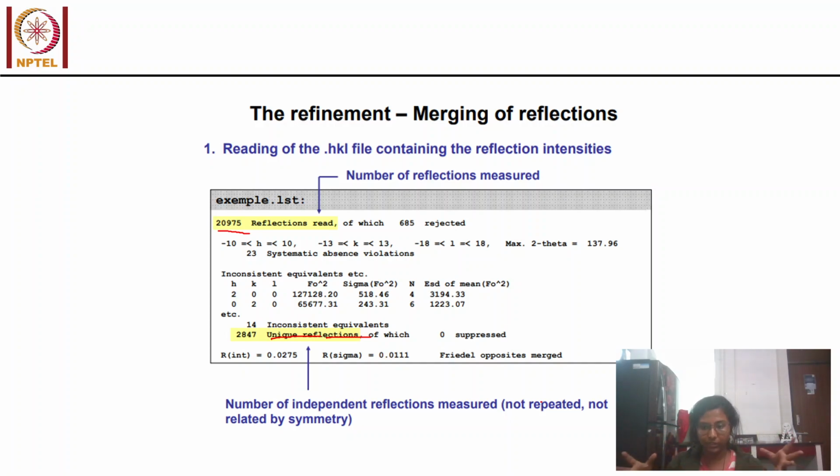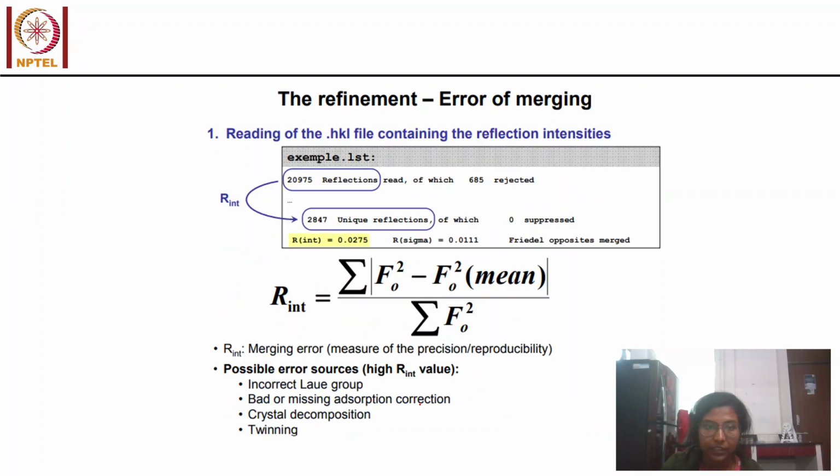The more data we have, the easier it is for us to guess the correct answer. That is why this redundancy is there. If we remove the redundancy, what we have are the unique reflections. So out of these 20,000, there are 2,000 something unique reflections, which are the number of independent reflections measured. They are the ones used for the initial structure solution, right?